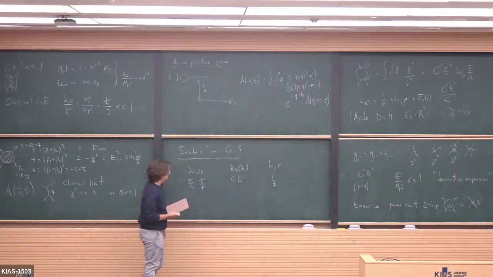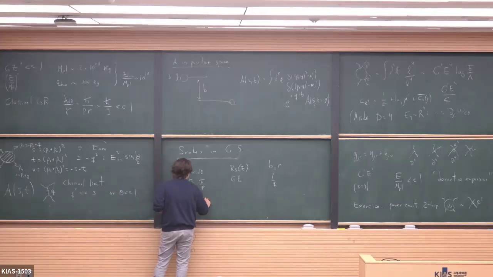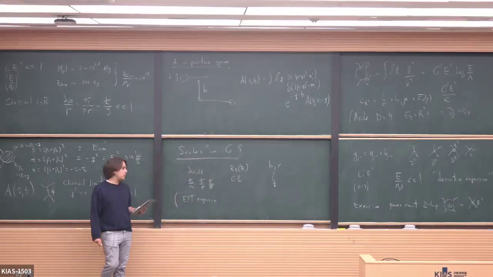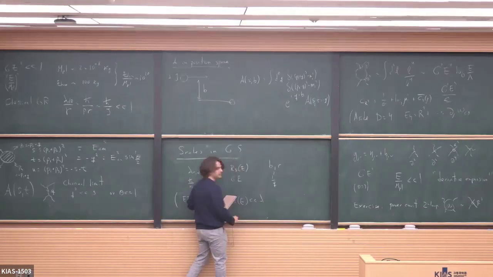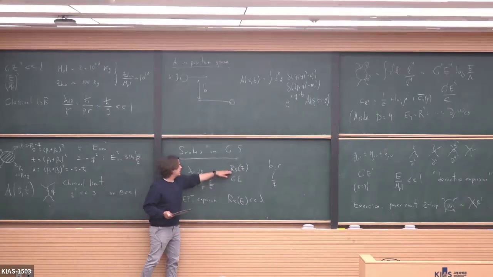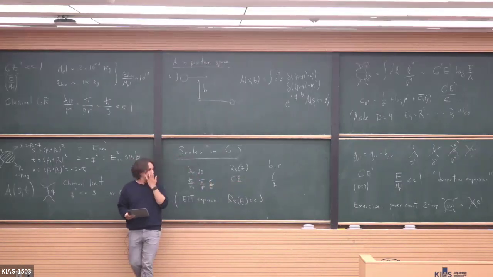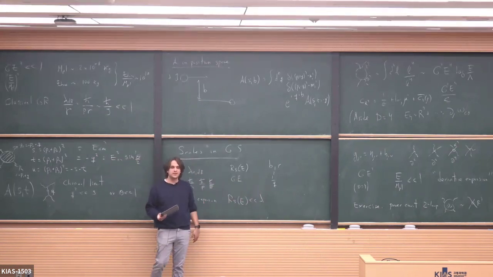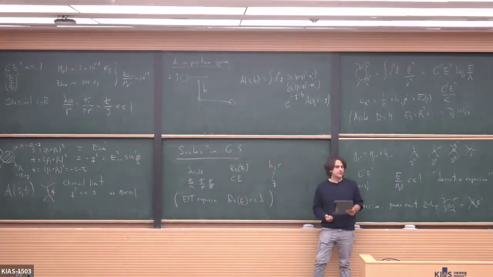So notice that the EFT expansion, so let me write here also something like h bar over E. The EFT expansion, which is G E squared small, is actually the limit where this thing is much smaller than lambda. Because if I take the ratio of R_S and this, then that gives me G E squared, or G E over E over p. So this is definitely not classical. We are saying that there's an object whose Schwarzschild radius effectively is smaller than its Compton wavelength, just its characteristic quantum size.